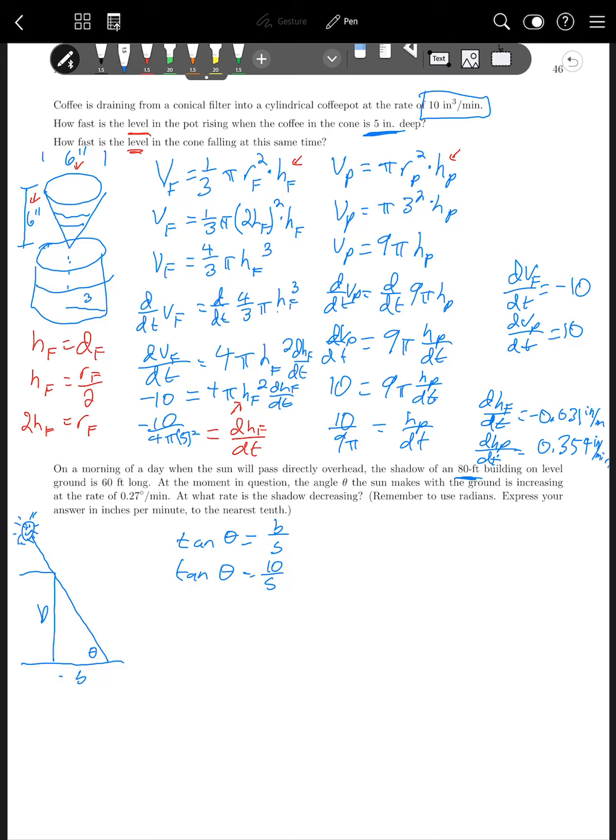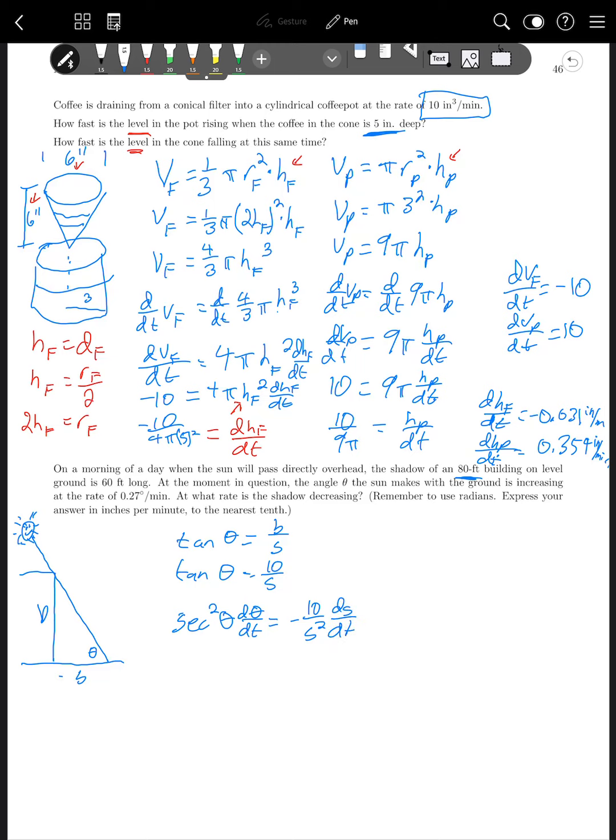So if we do the derivative here, the derivative of tangent is secant squared theta times d theta/dt, and the derivative of 10 over S is negative 10 over S squared times dS/dt.